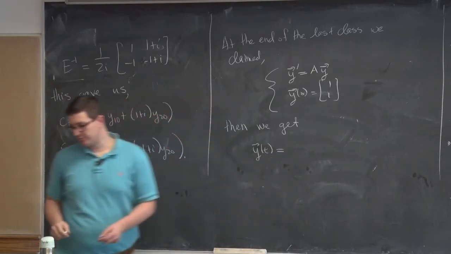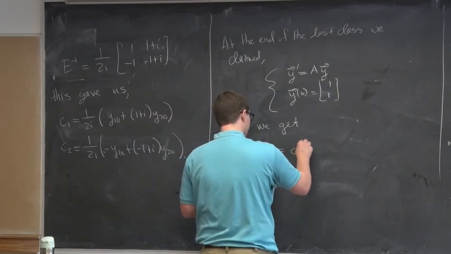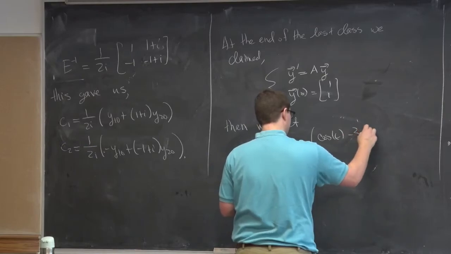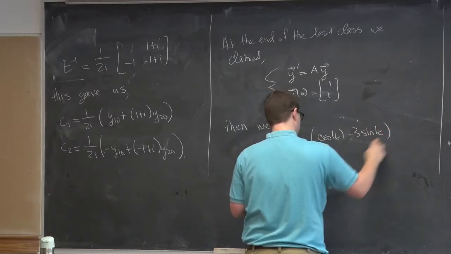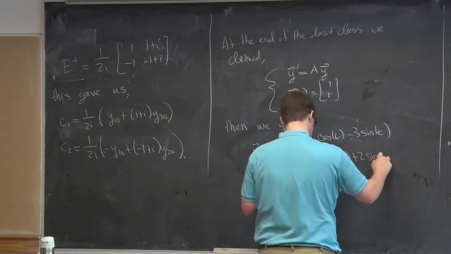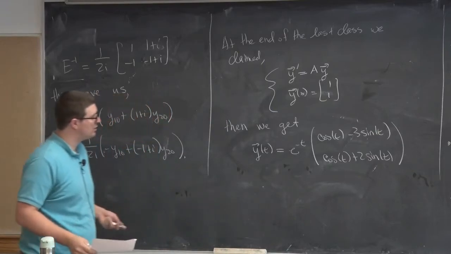Is equal to e to the minus t, cosine t minus 3 sine t, cosine t plus 2 sine t.